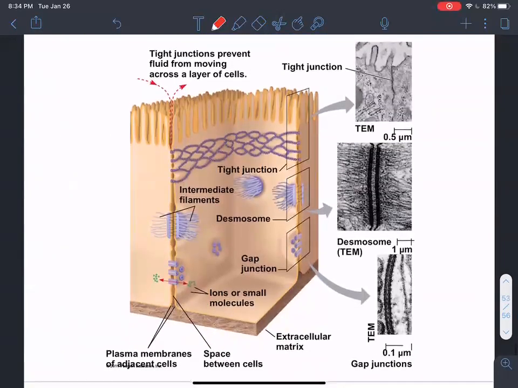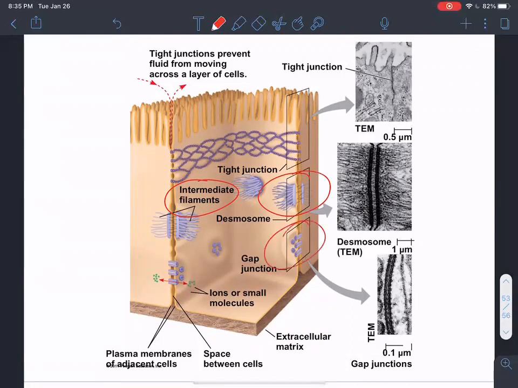All right, so here's everything all in one picture. You can see the tight junctions prevent fluid from moving across the different layers of cells. Then you have the desmosomes here that allow for expansion in tissues that need it, like heart, muscle, and lung tissues. You've got intermediate filaments shown here, which help give structure and hold organelles in place.